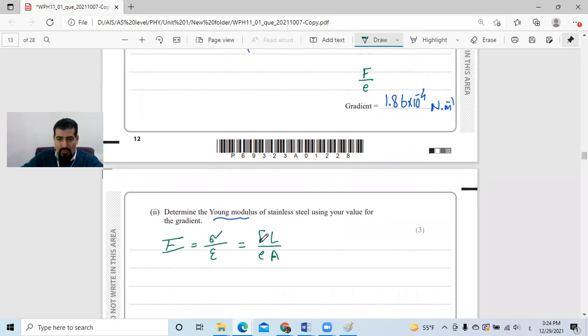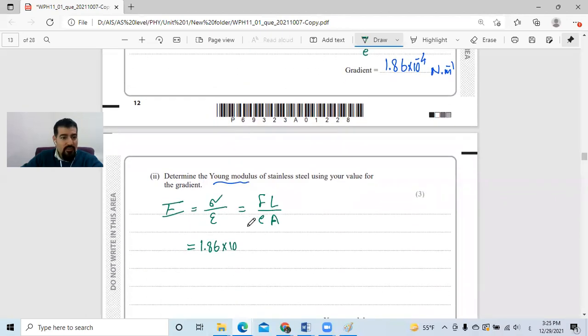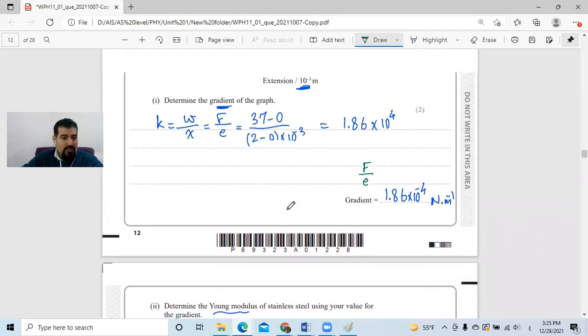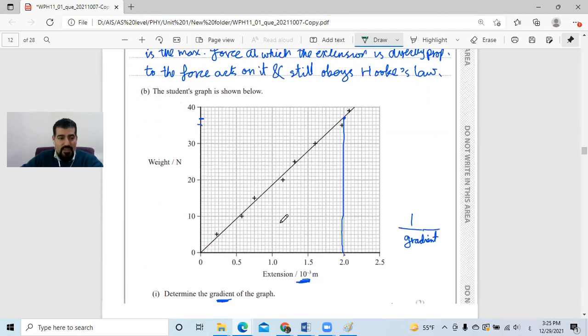Now, force over extension, I just found it, which is 1.86 times 10 to the power of 4, multiplied by the length. How much was the original length? It was 2.6.